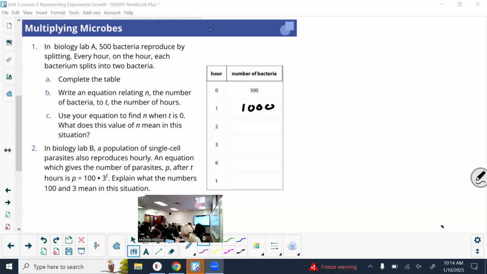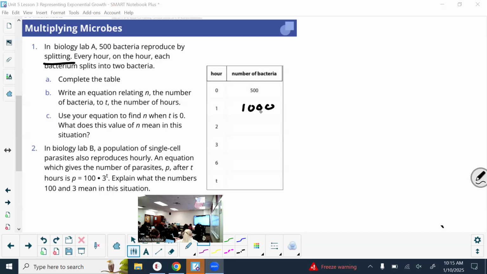Some people get hung up on the word splitting, like, splitting is normally dividing, right? It still is. But what's happening is the number of bacteria is increasing. So if each bacteria splits into 2, we're basically doubling the amount that we have currently.